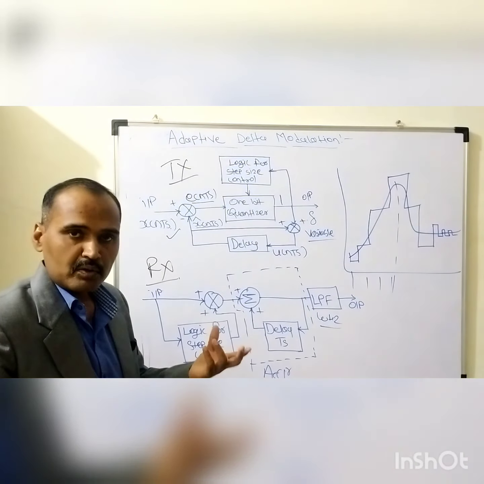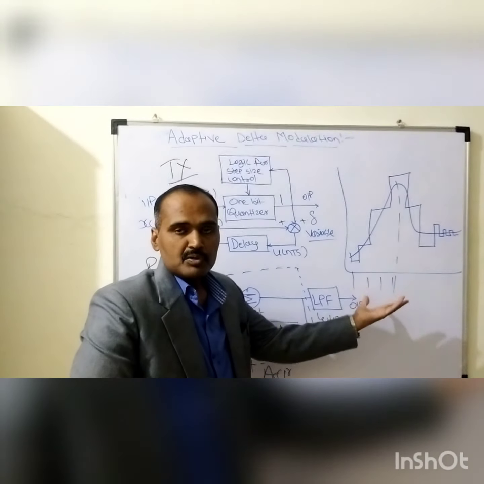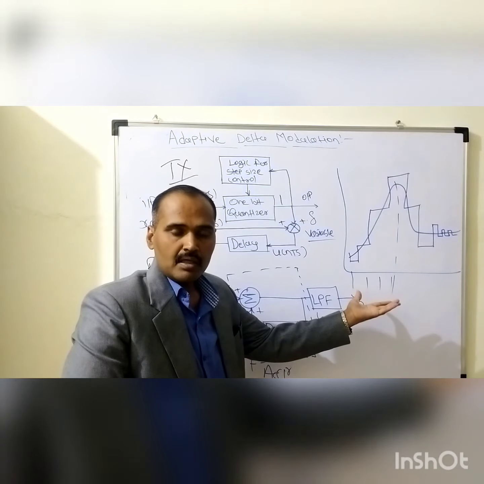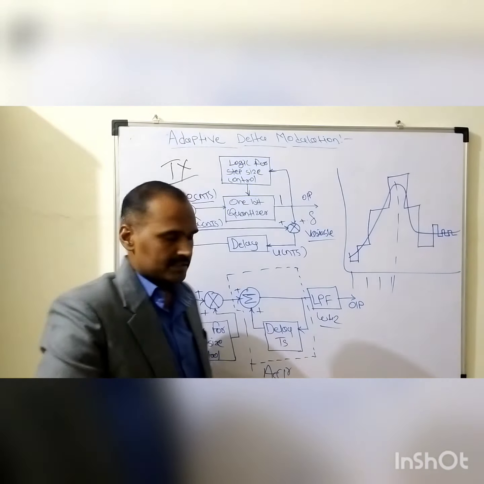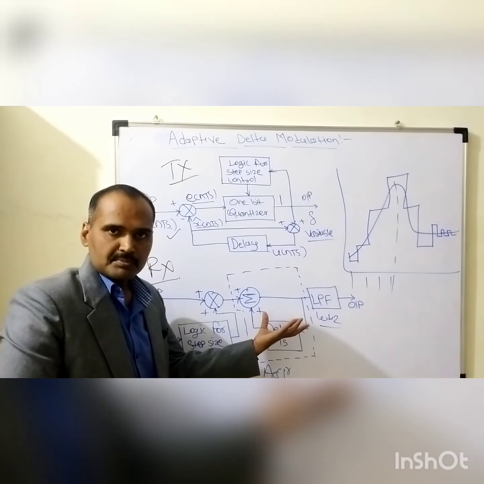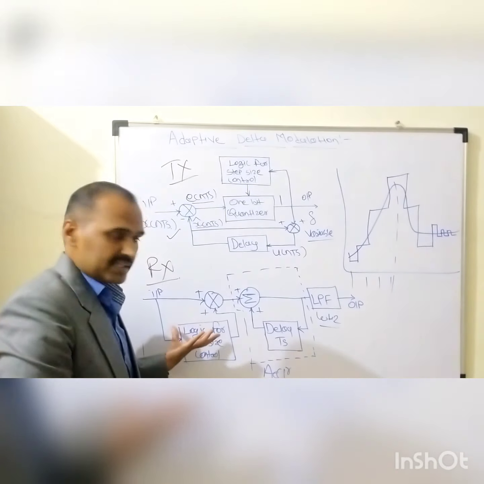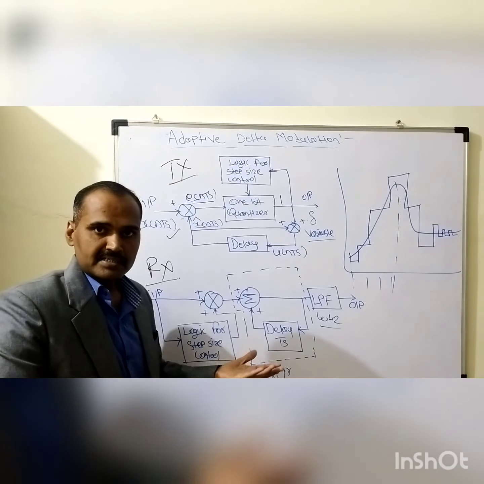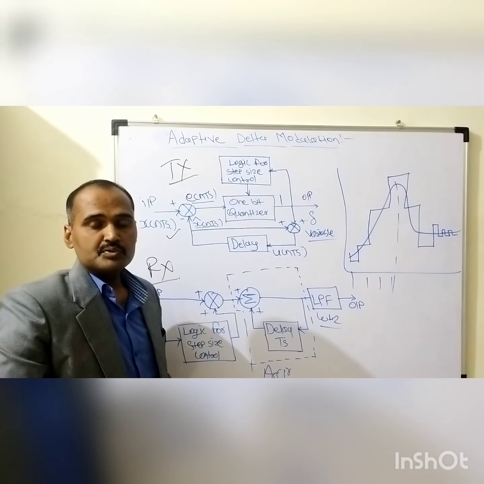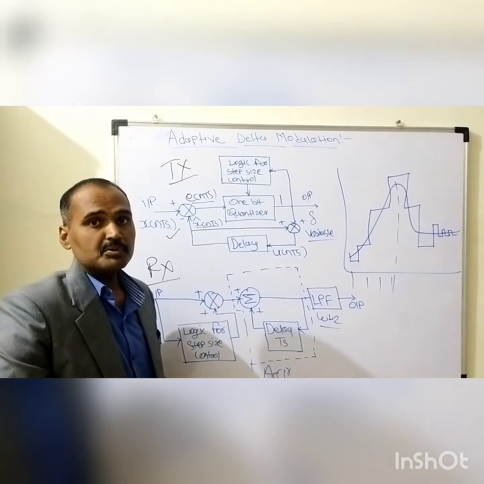This accumulator is responsible for generating the staircase approximated signal, which consists of either plus delta or minus delta, the variable step size. And to have the desired envelope of this staircase approximated signal, we should have the step signals, which are generated within this first part from the past and present samples. So this is how slope overload distortion and granular noise are eliminated in this adaptive delta modulation.